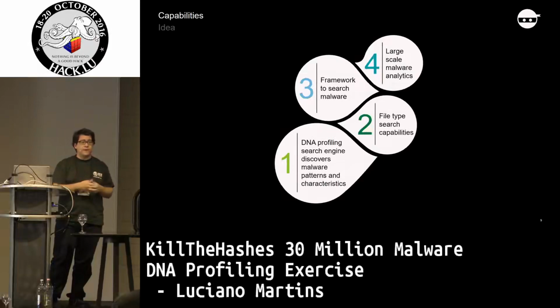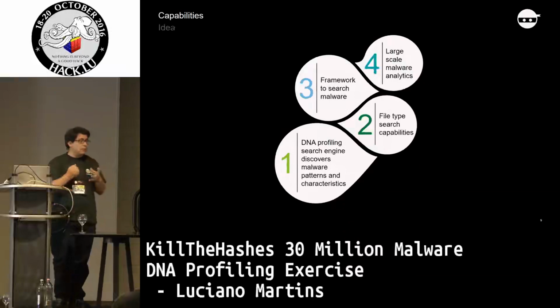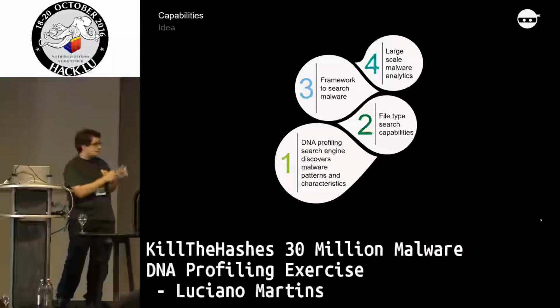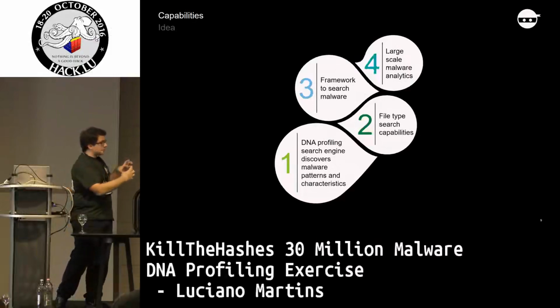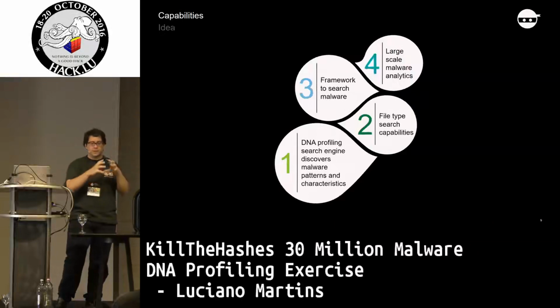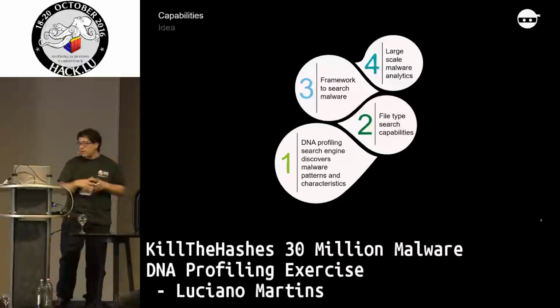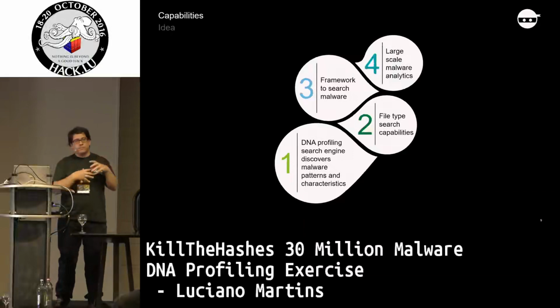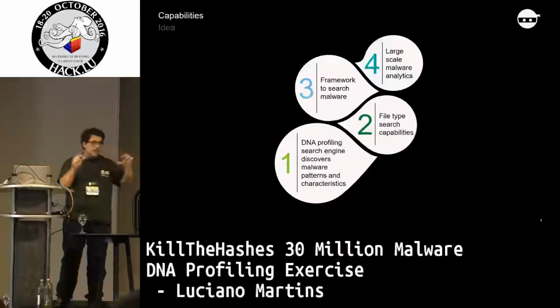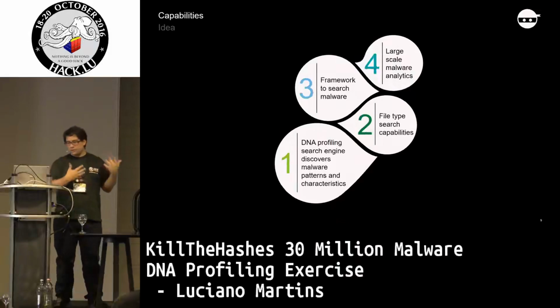If you go for a file type like an Office file, a Word file has a lot of definitions: how many pages they have, how many words, if there's a screenshot, and this is the size, this is the resolution. All those characteristics are within the file format, right? On top of that, we built a search capability on that data, rationalized and categorized all that data, so we can do large-scale malware analytics at the very end.